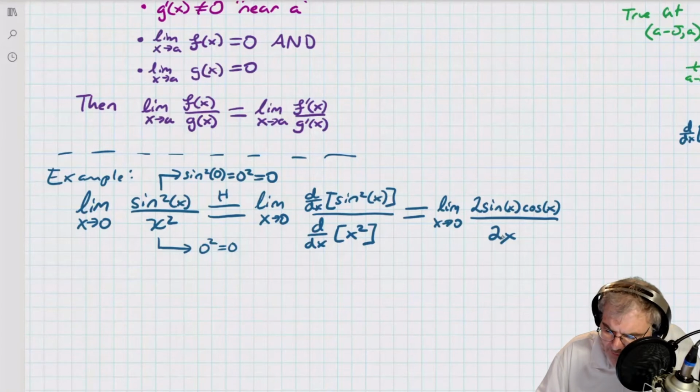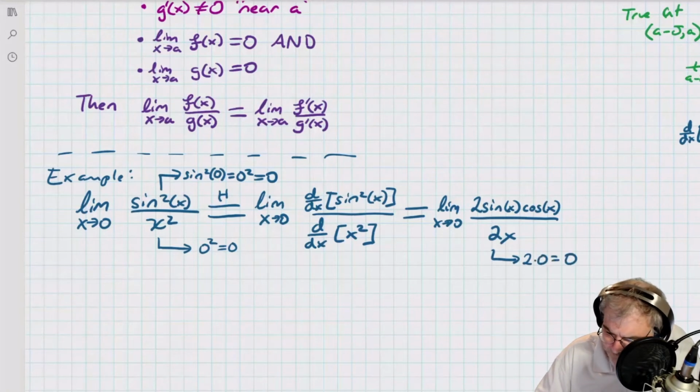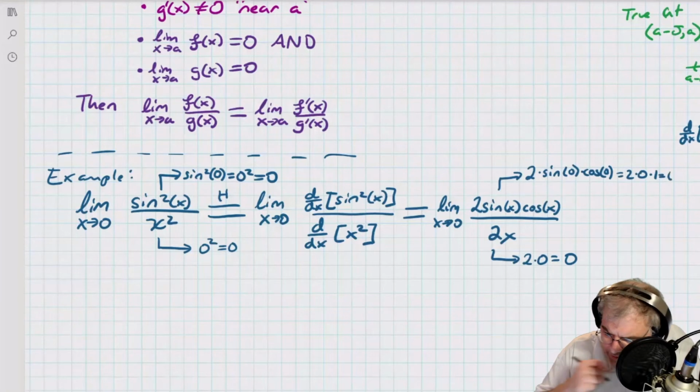All right, well, now I'm going to have 0 again. Let's change some of these colors here. Well, no, I need to leave it because it's required. This right here, I sub in, I get 2 times 0, and I get 0. This part here, I sub in, I get 2 times sine 0 times cosine 0, which is 2 times 0 times 1, which equals 0.